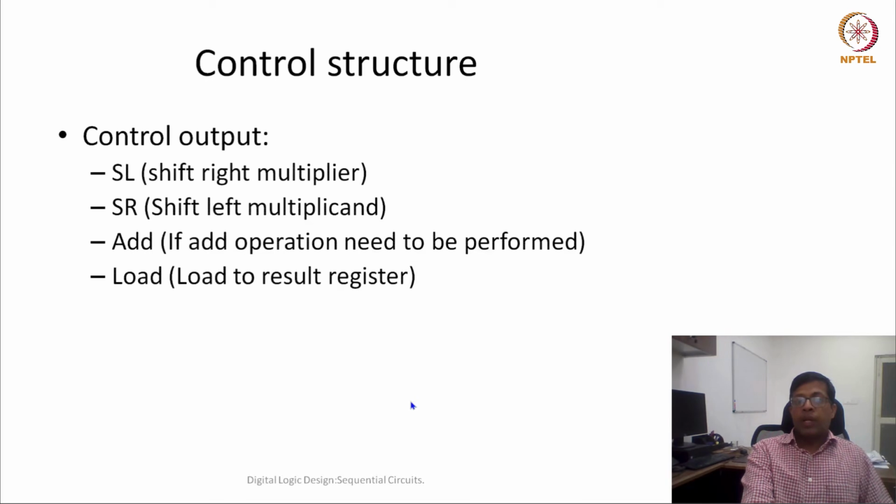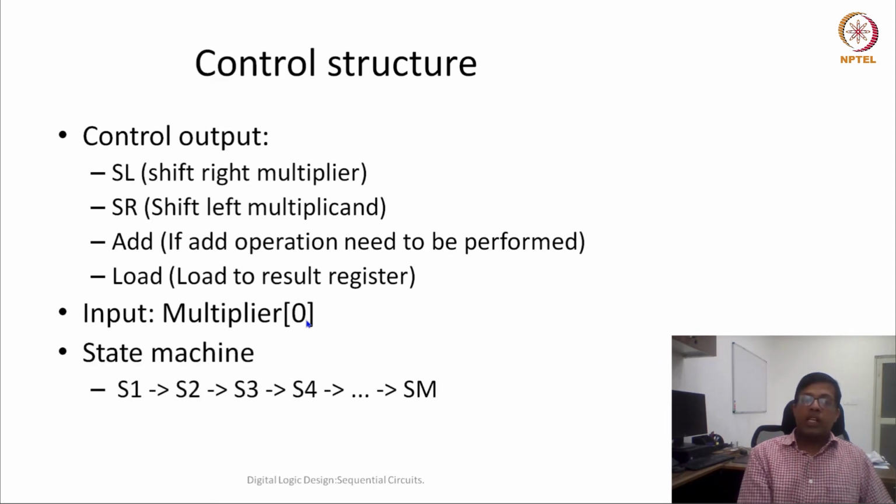So these are the outputs which we have to generate every time: whether we need to shift right the multiplier, whether we have to shift left our multiplicand, whether we need to do addition or not, and whether the result register needs to be written or not. And the input is definitely the 0th bit of the multiplier.